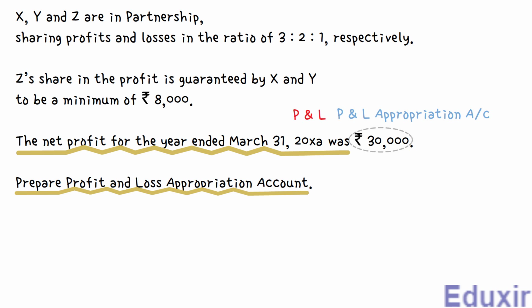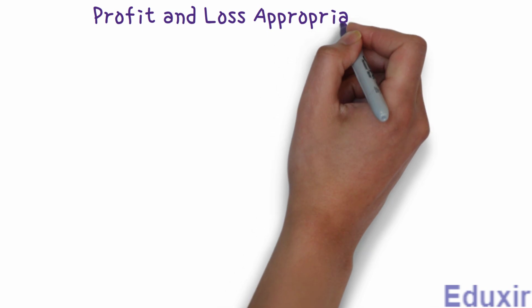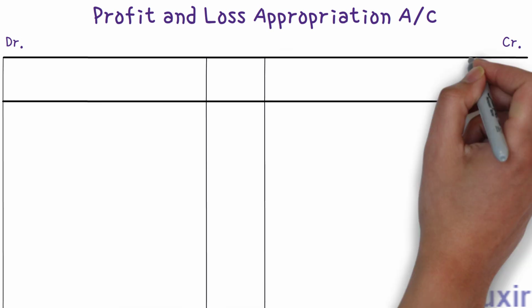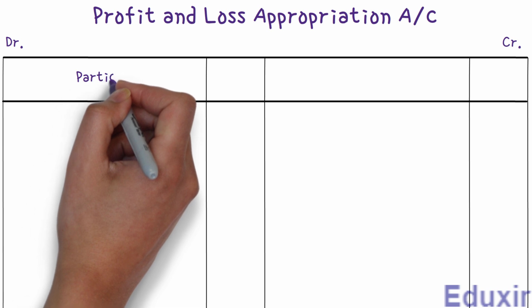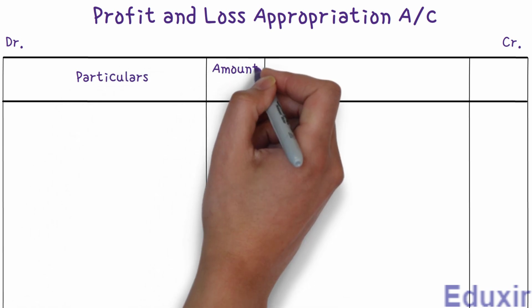But first, let's prepare the format of the profit and loss appropriation account as it is not yet prepared. Let's first write the title as profit and loss appropriation account. Let's then write the headers DR and CR to designate the debit and credit sides respectively. Let's now have the individual columns for particulars and amount in rupees on the debit side.